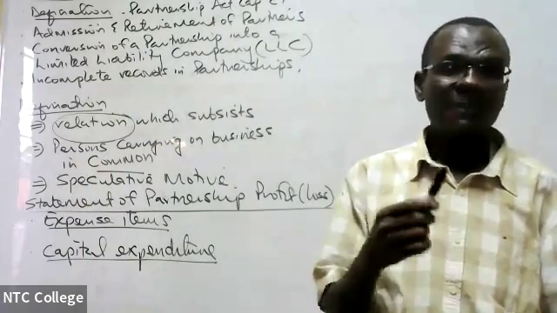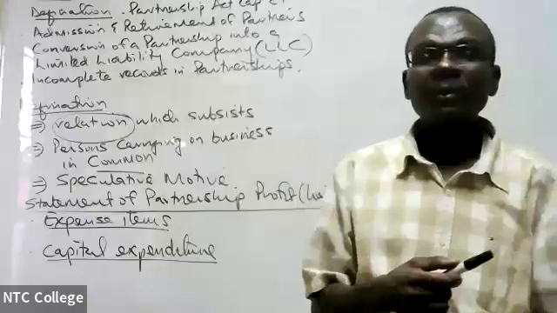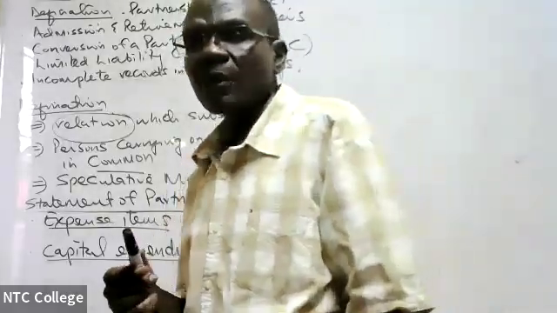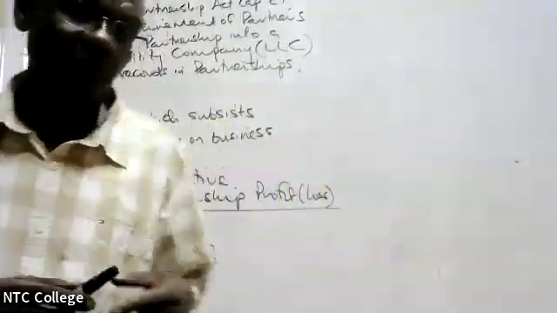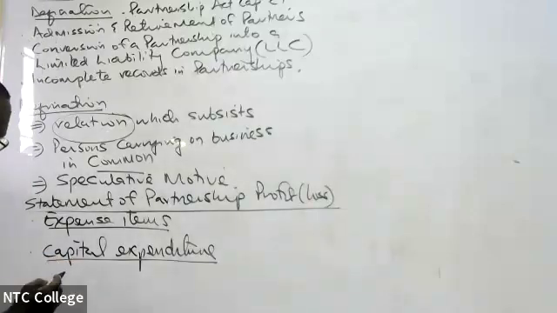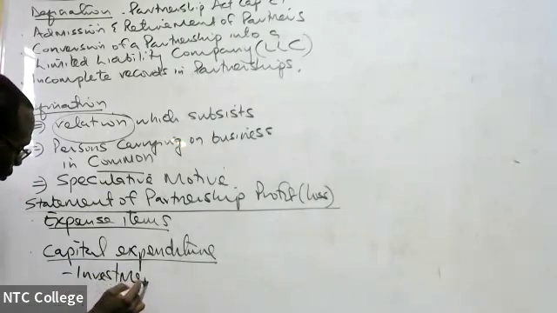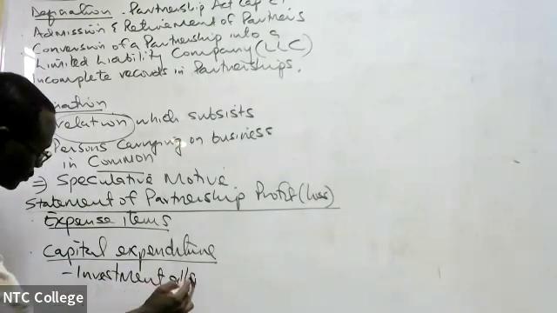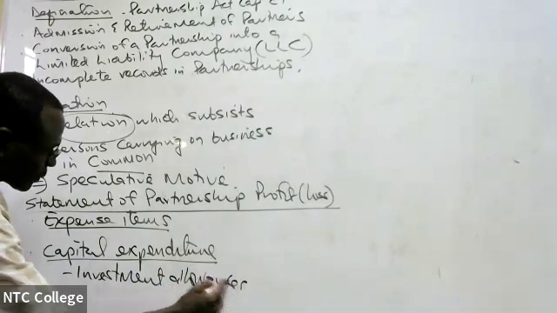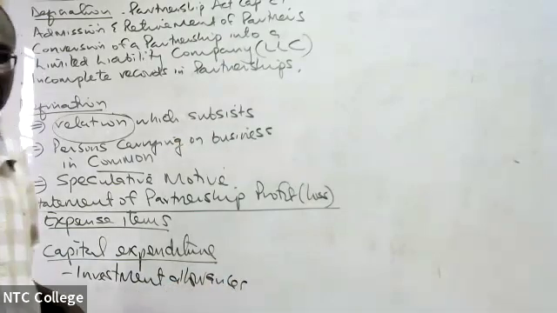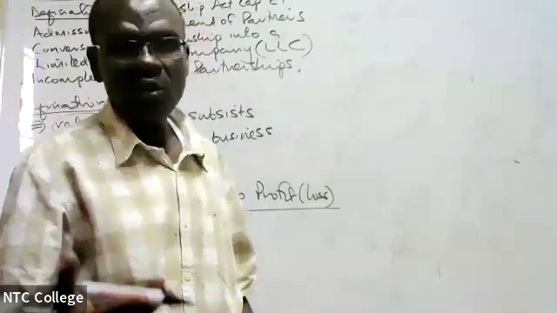Then you will do something else. We provide for investment allowances. So investment allowances will be given based on the applicable rates, and will be deducted. You add back the cost of the asset.